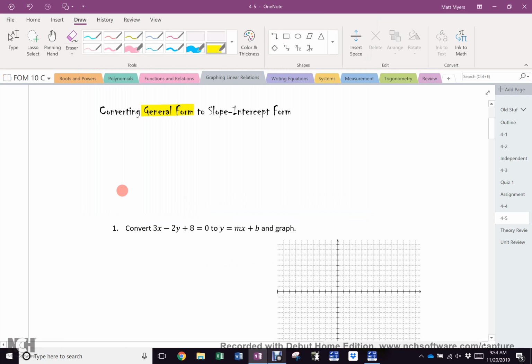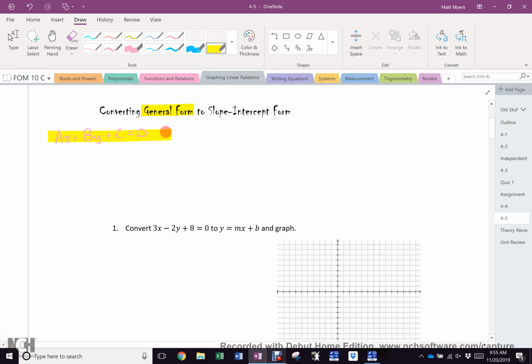So we're going to convert general form to slope-intercept form. Now, you haven't seen slope-intercept form, or you haven't seen general form, have you? Okay. So, general form is this. All right. Everybody cool?